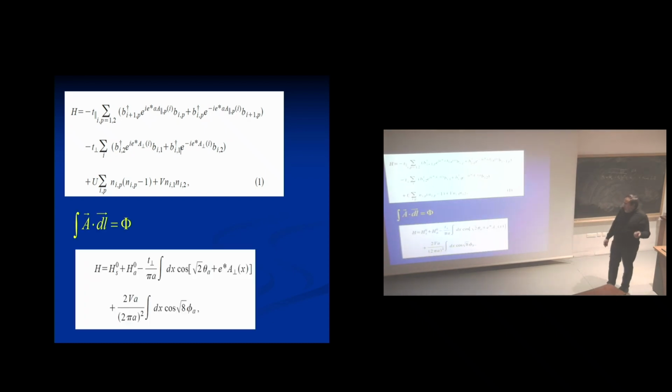And if I bosonize, so if I use the bosonization method that I explained to you, I can introduce two fields, phi 1 and phi 2, but I can do the symmetric combination, phi 1 plus phi 2 over square root of 2, and the anti-symmetric, which is phi 1 minus phi 2 over square root of 2.